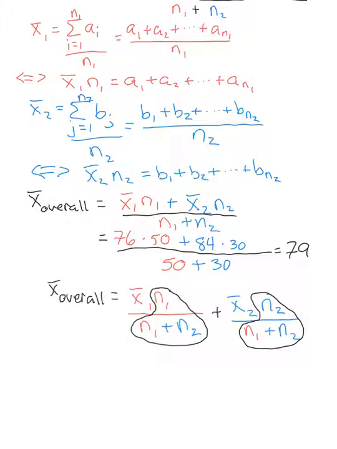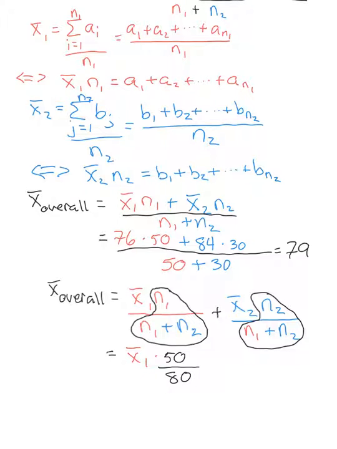So here, we're actually taking the mean of each class, multiplying it by its weight, which is the proportion of students that it has from the overall total of students. So here we're going to have x bar 1 multiplied by n1, which is 50, over 50 plus 30, which is 80.